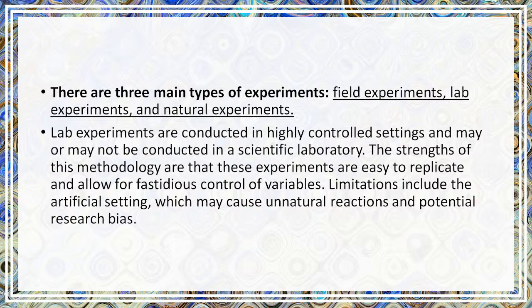Lab experiments are conducted in a highly controlled setting and may or may not be conducted in a scientific laboratory. The strengths of this methodology are that the experiments are easy to replicate and allow for fastidious control of variables. Limitations include the artificial setting, which may cause unnatural reactions and potential research bias.